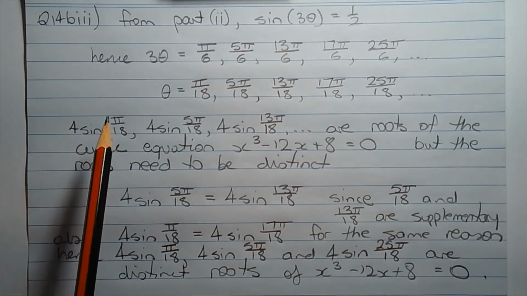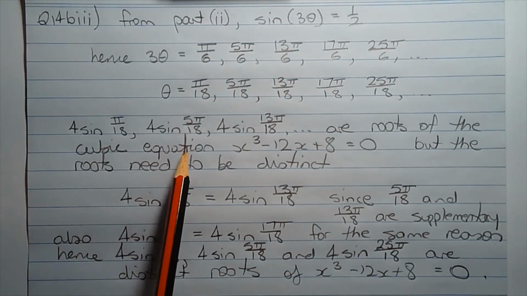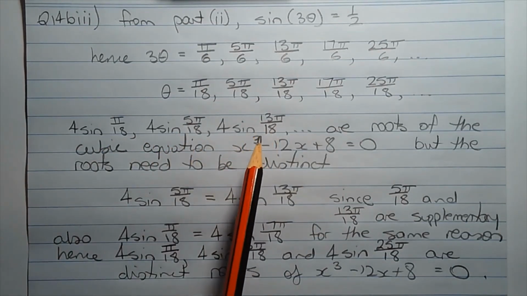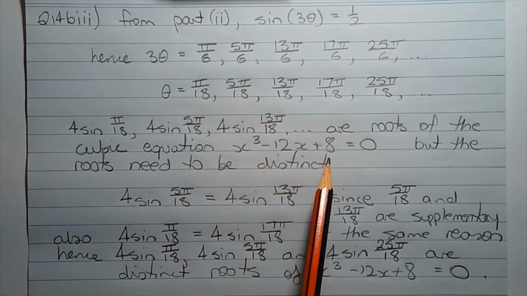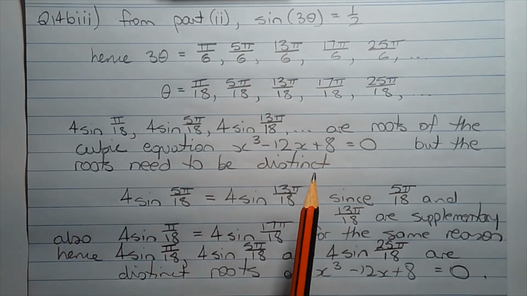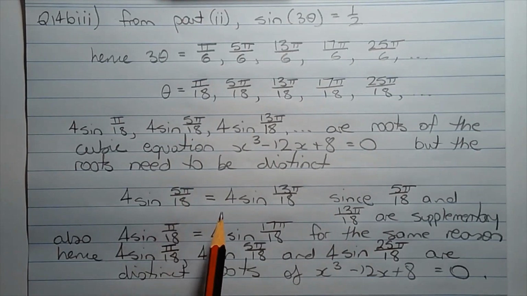Now 4 sine pi over 18, 4 sine 5 pi over 18, 4 sine 13 pi over 18, and so on are roots of the cubic equation x cubed minus 12x plus 8 equals 0, but the roots need to be distinct. Now 4 sine 5 pi over 18 is equal to 4 sine 13 pi over 18, since 5 pi over 18 and 13 pi over 18 are supplementary.